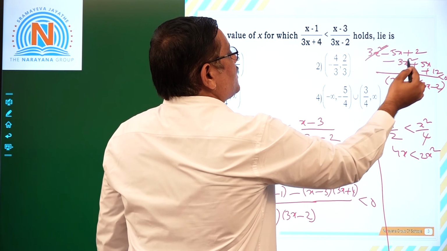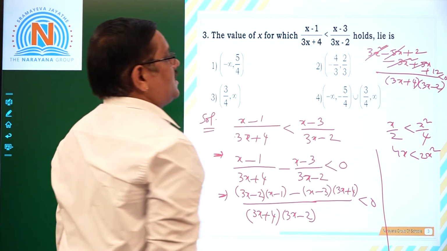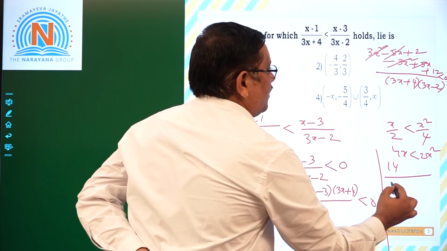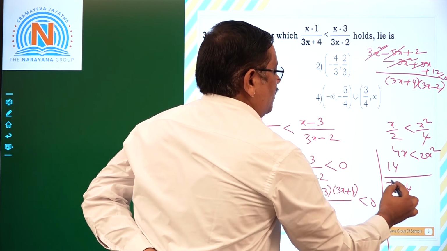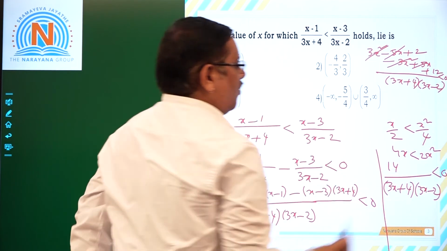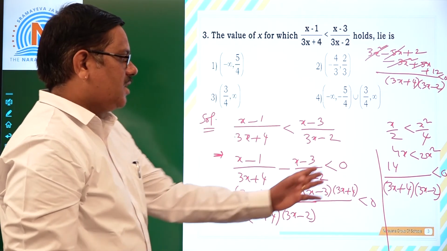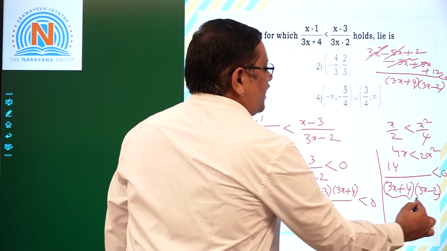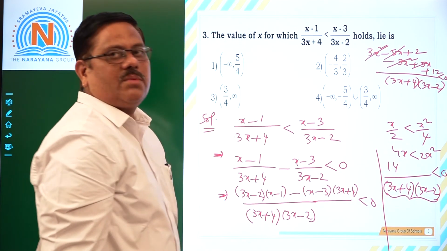If you look at this, 3x square and 5x cancel. That is going to be 14 by (3x plus 4) into (3x minus 2) less than 0. Anyway, 14 is always positive. So only if the denominator is negative, this entire inequality becomes negative.